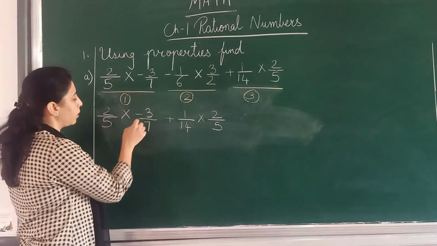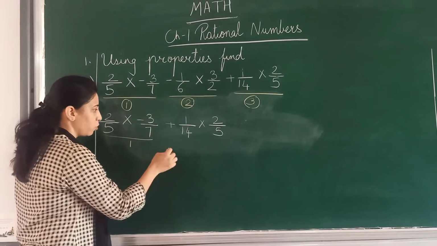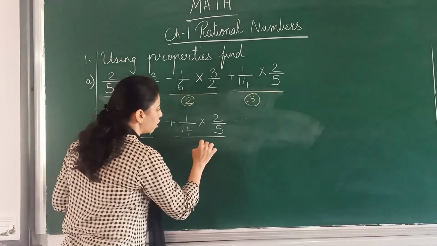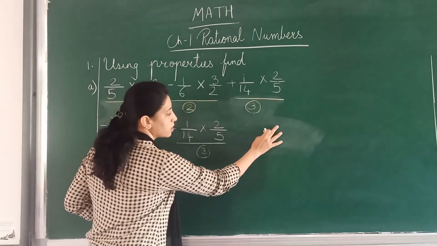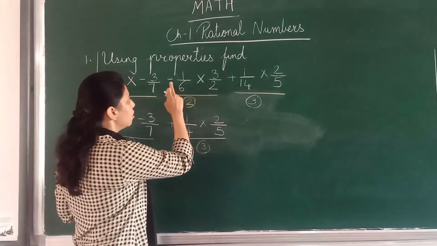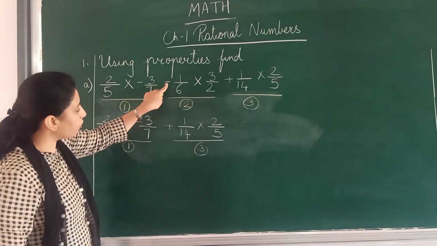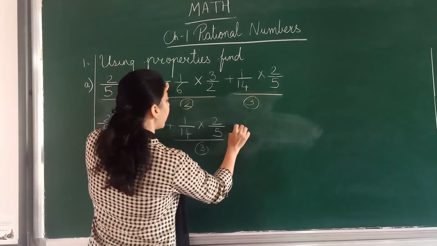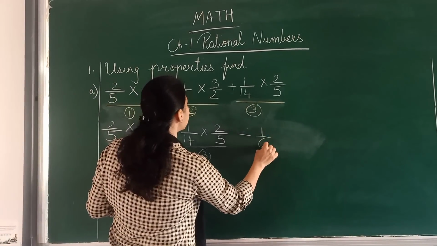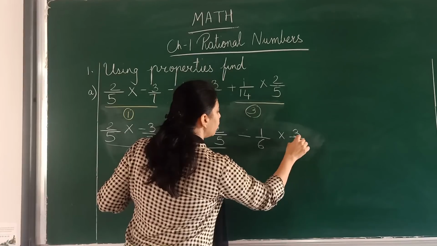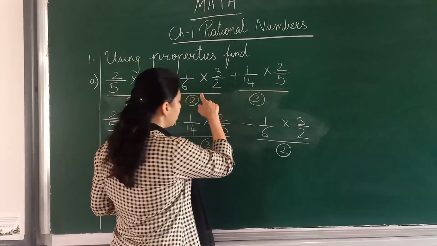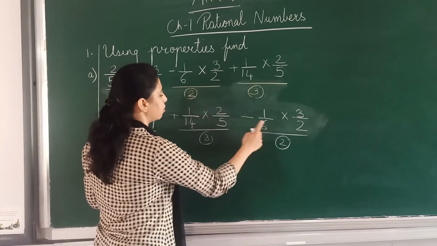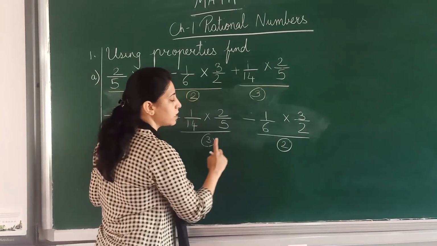So 2 upon 5 into minus 3 upon 7, this is your first one. Then this is your third one, which I have exchanged with the second one. And the second sum I am going to write down here along with this minus sign: minus 1 upon 6 into 3 upon 2. I have exchanged the places of second and third.